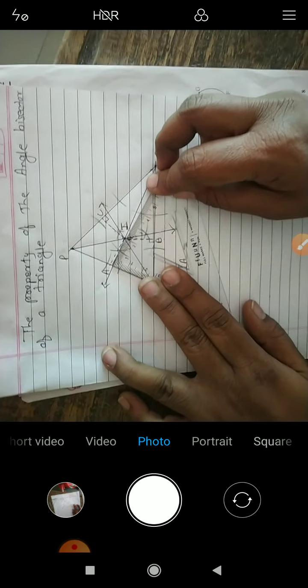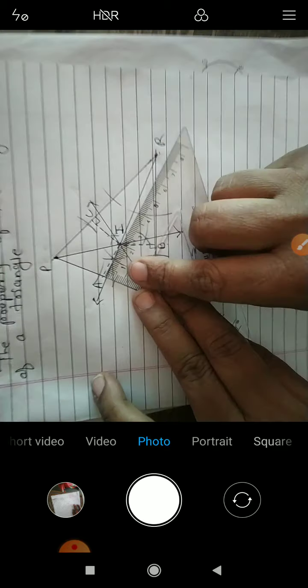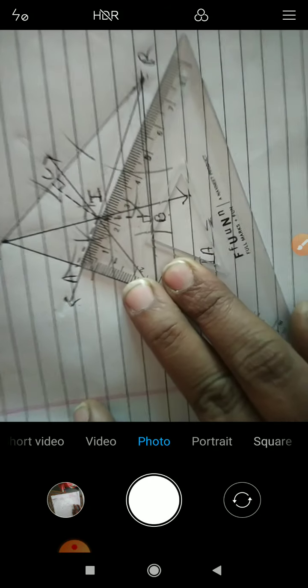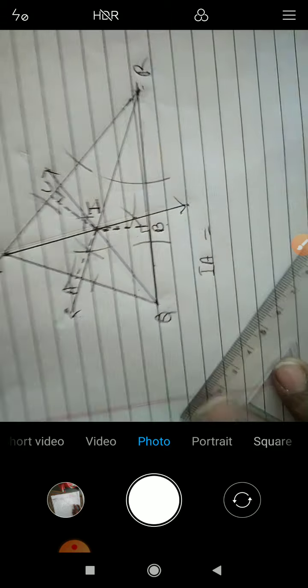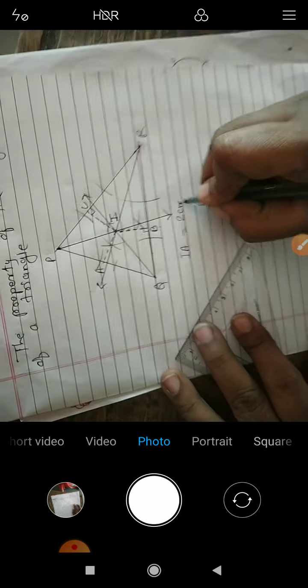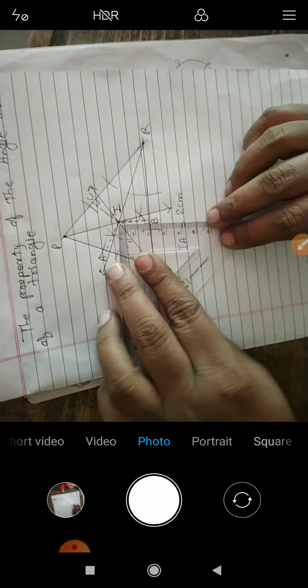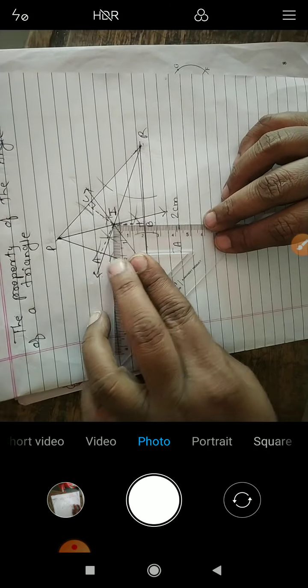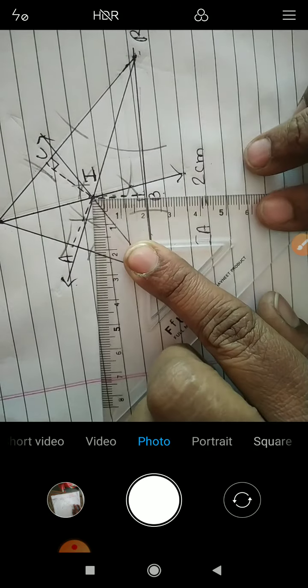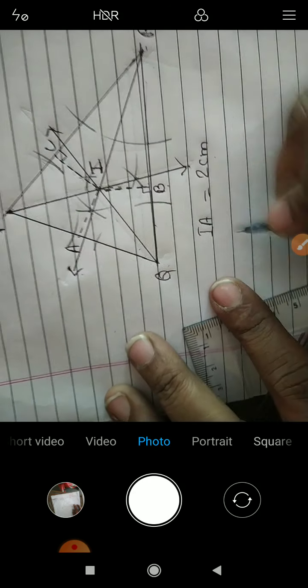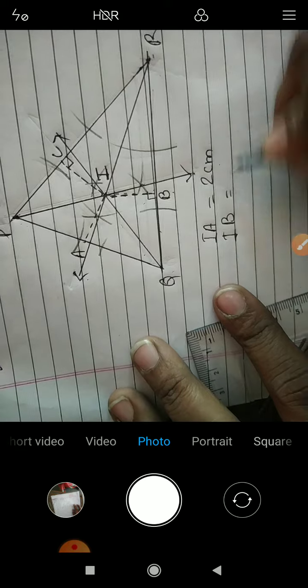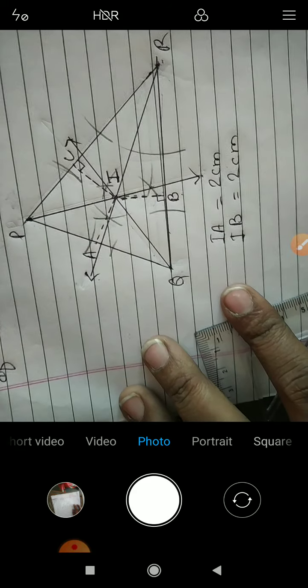If you see here, you will notice that the measure of IA is equal to 2 centimeters. Then I will measure IB. Its measure is also 2 centimeters. So IB is equal to 2 centimeters.